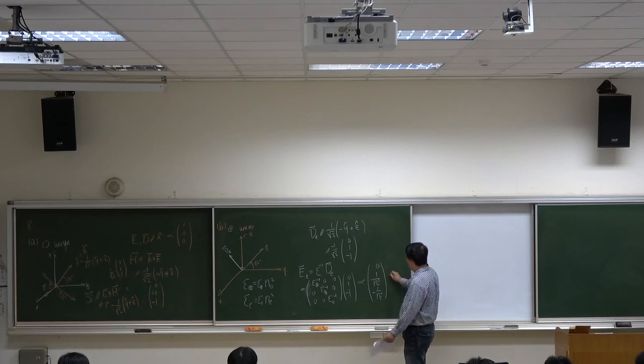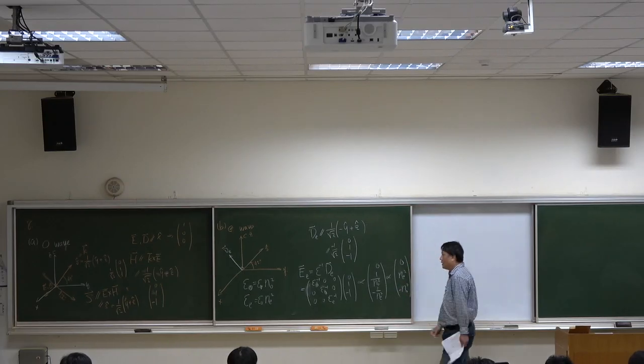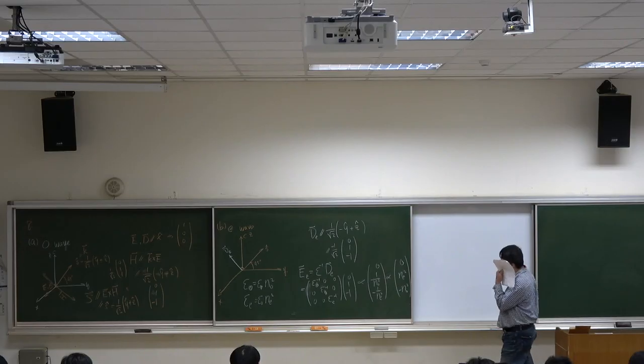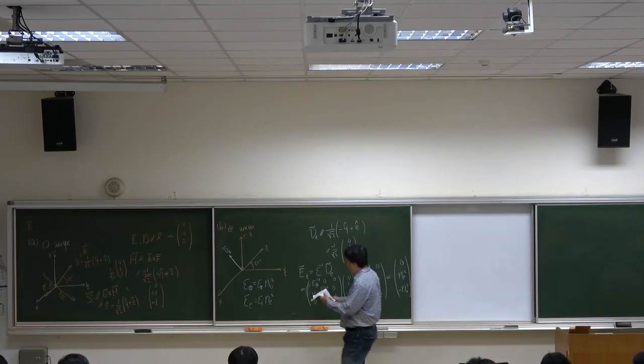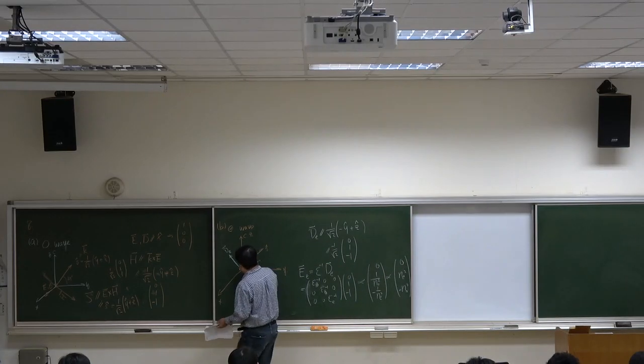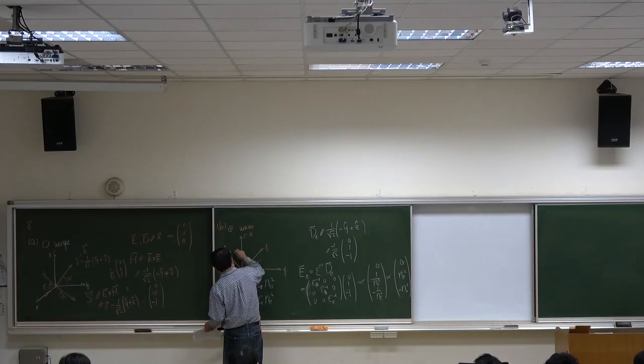Or you can write this as NE square minus NO square. And this is the E vector.